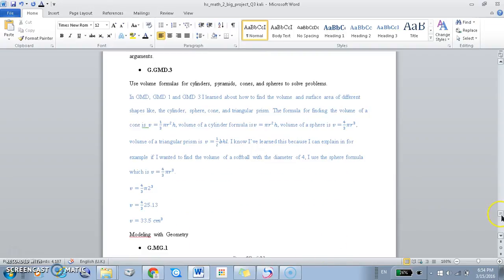So then I put radius here, and then I multiply pi with radius to the power of 3, so 2 to the power of 3, and the answer will be 25.13, and then I have to multiply 4 over 3 times 25.13, which is 33.5. So that is the volume of the softball.